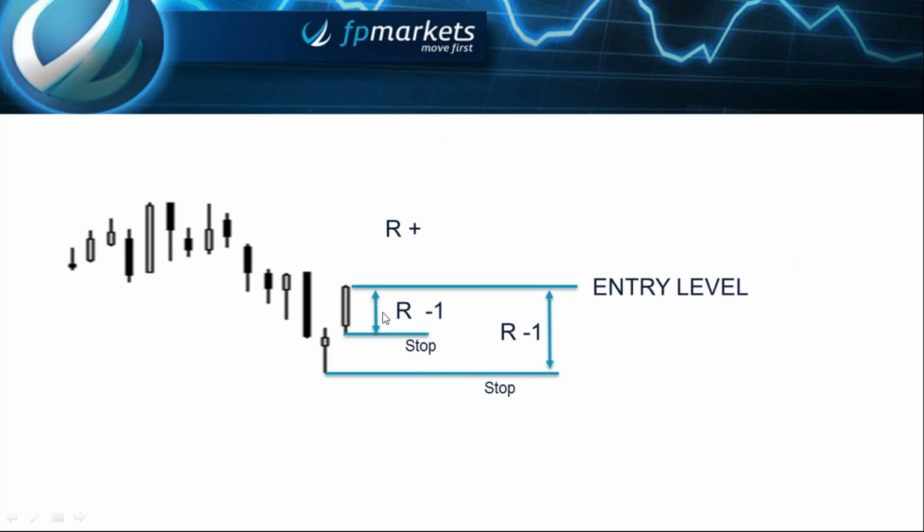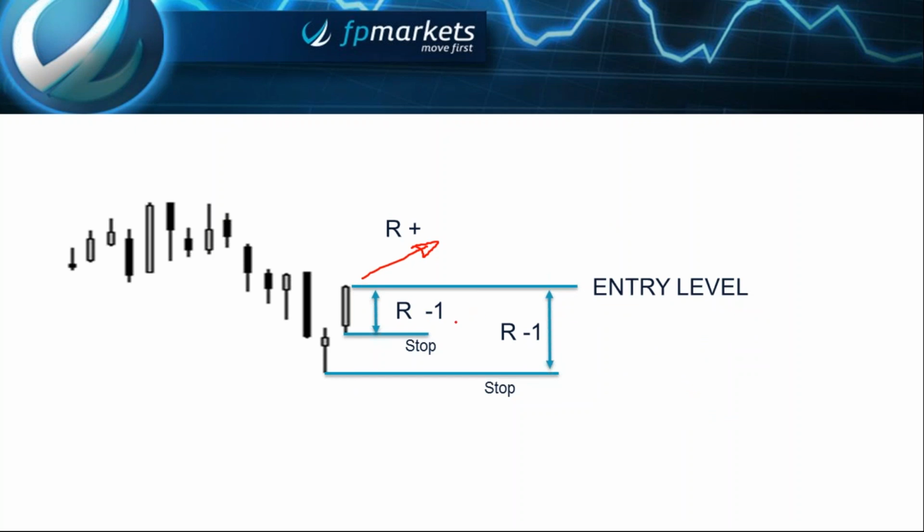This is the model, the entry point. If this is the entry level up here, and we decide our stop is down here at the bottom, this value becomes our R value, and whatever occurs on the upside, if there's an upside, becomes a factor of this value.